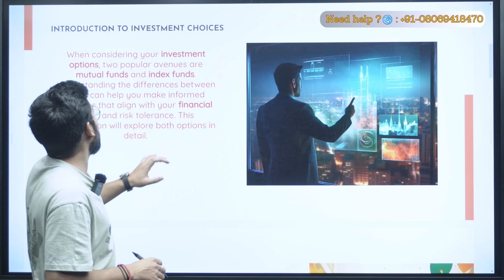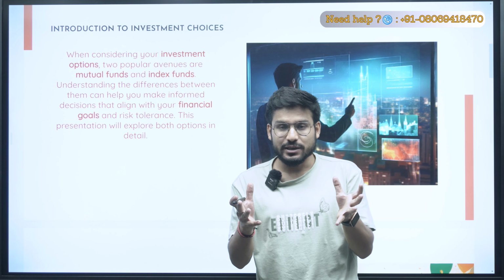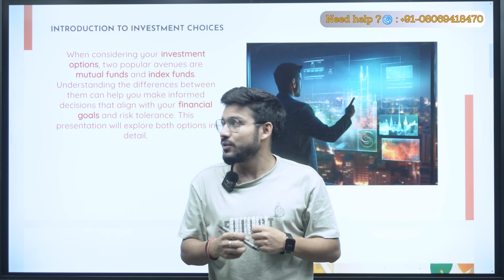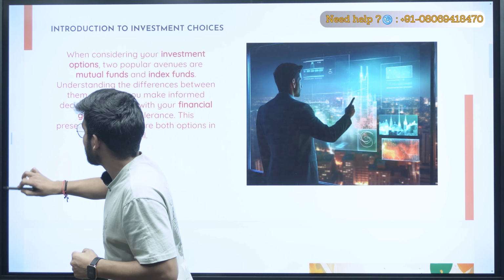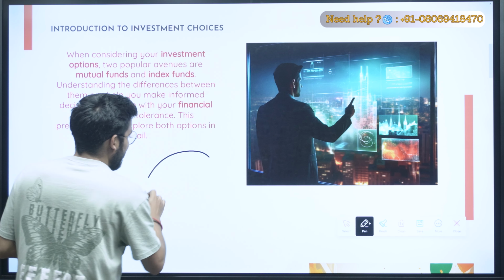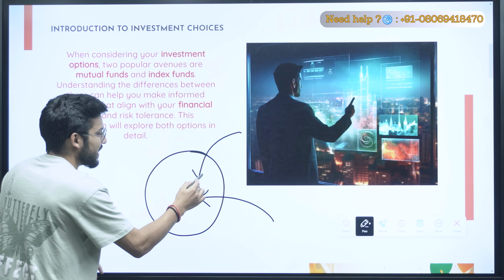Now, when we talk about the mutual fund, it is a kind of pool of money that your fund manager takes from various investors, right? So it is a pool of money, you can say. Your fund manager will take the investment from various investors.